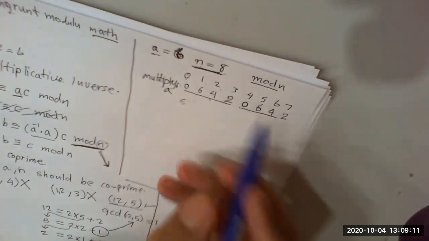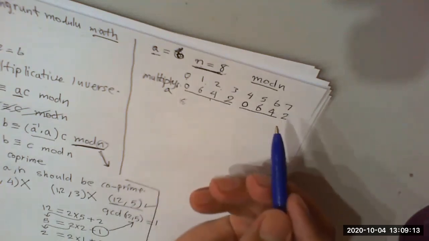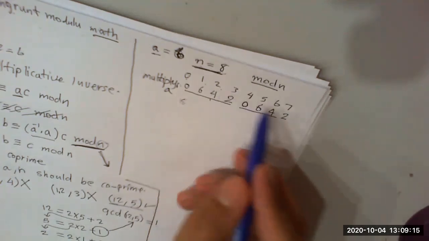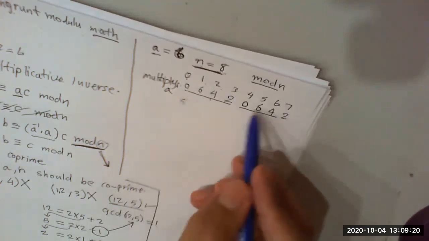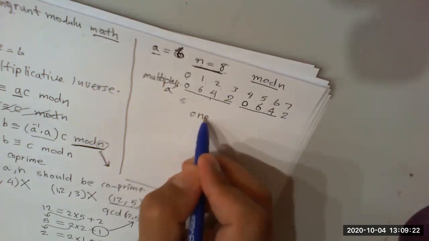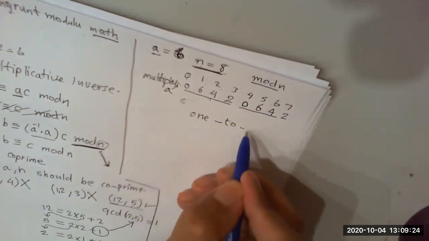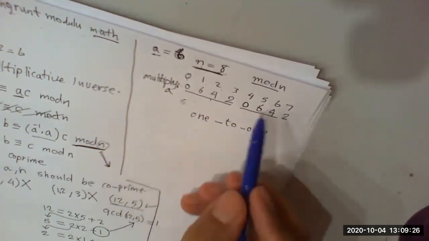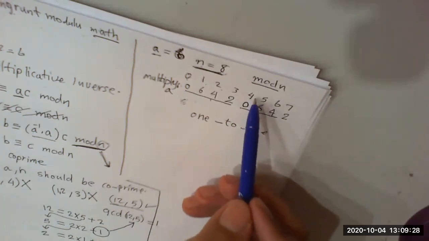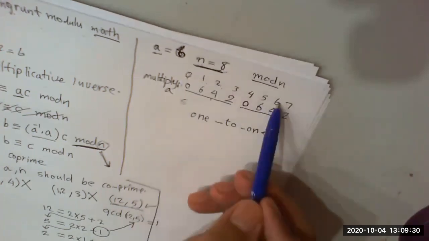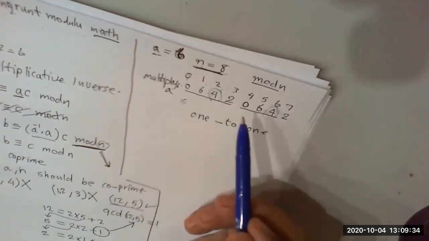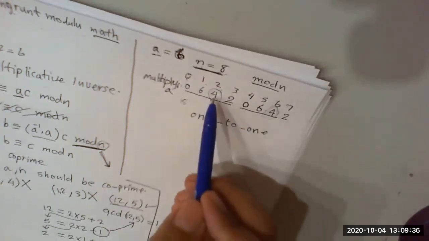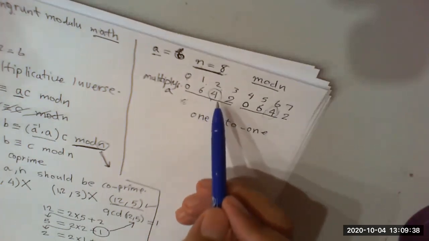So now we have a problem here, because the relationship between the above numbers and the blue numbers is not a one-to-one relationship. This means 0 and 4 give the same remainder, and 1 and 5 give the same remainder. This way, the multiplicative inverse is not going to work.